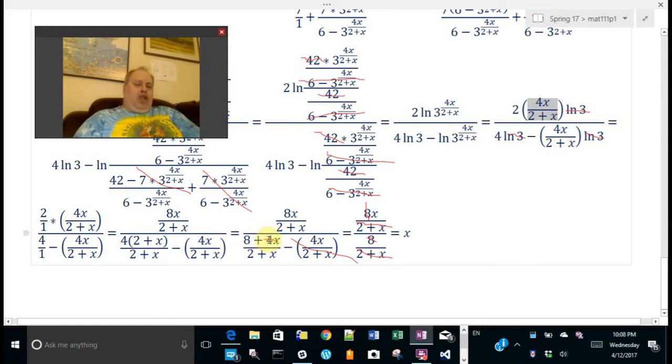But just like before, the 4x minus the 4x cancels. That gives us 8x over 2 plus x, over 8 over 2 plus x. The 8's cancel, the 2 plus x's cancel, and all we have left is x, and the whole thing checks. So even for complicated functions, we can do this kind of checking.